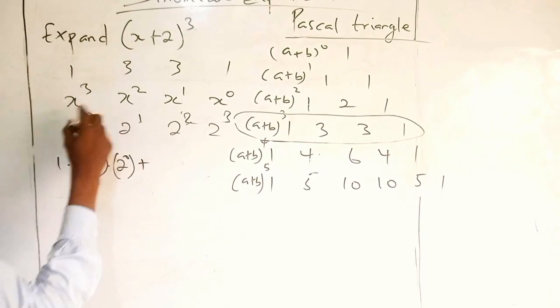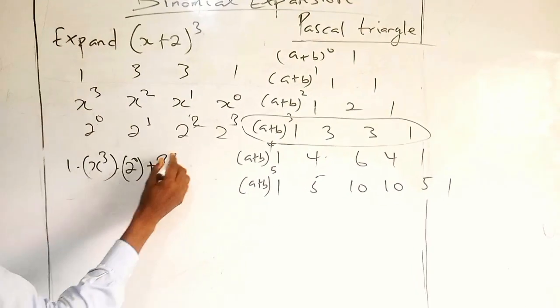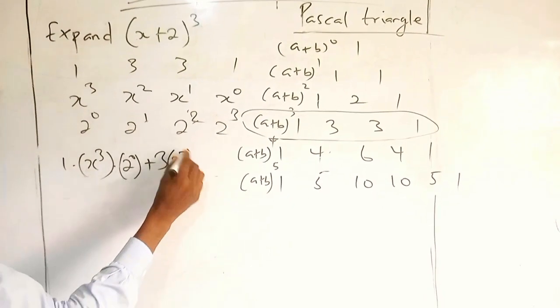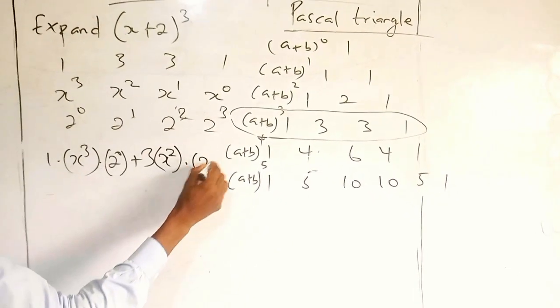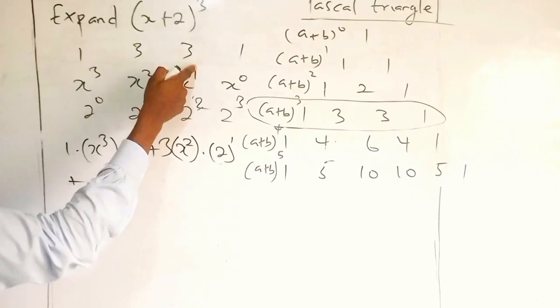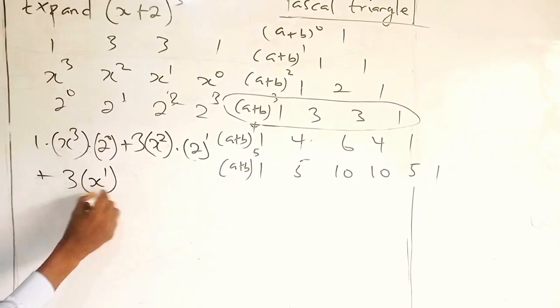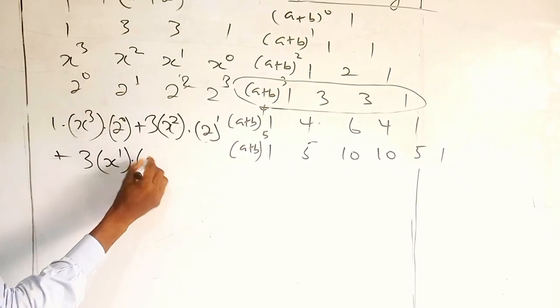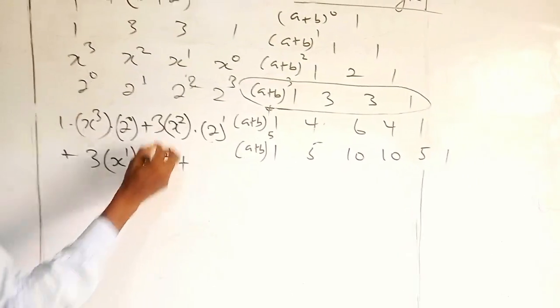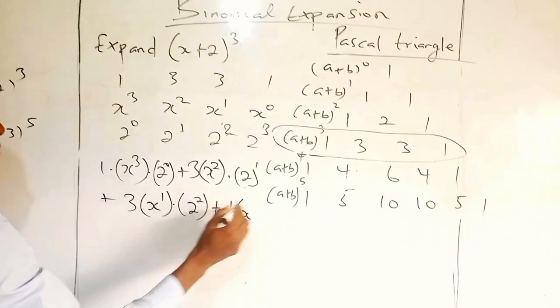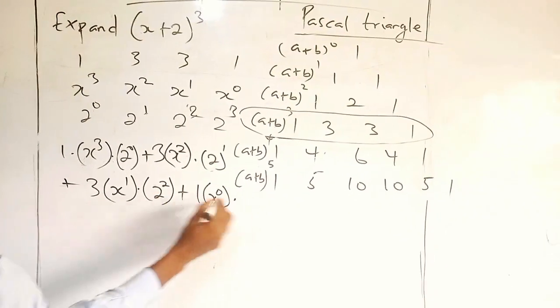Plus the next one is 3: the power of x decreases to 2, times 2 to power 1. Plus the next coefficient is 3: the power of x decreases to 1, times 2 to the power 2. Plus the last one is 1, times x to power 0, times 2 to the power 3.